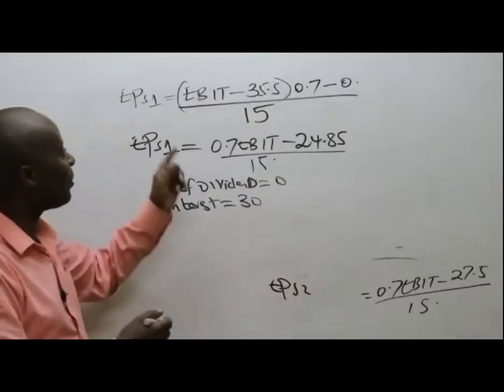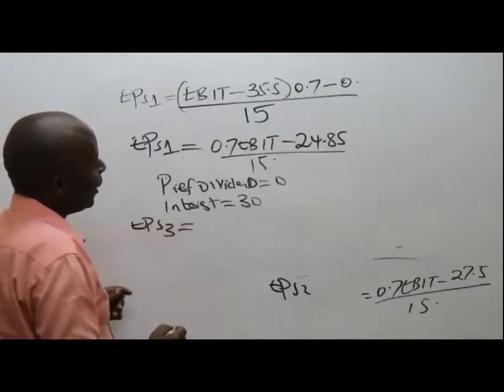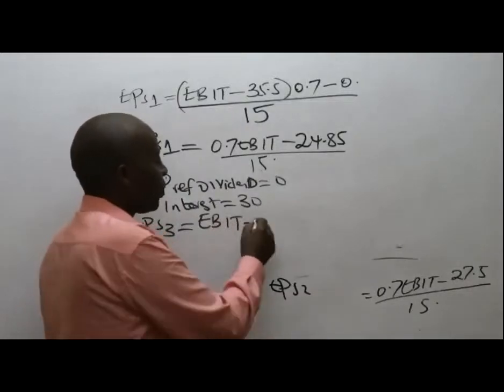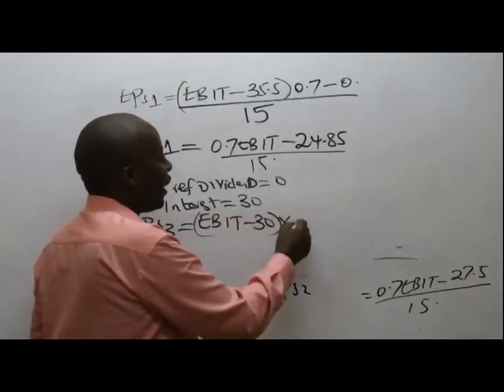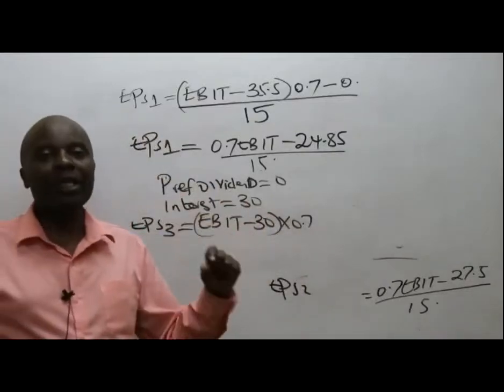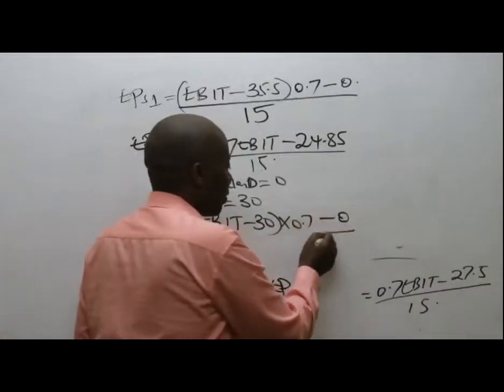So please substitute in the equation. Give us EPS 3. EPS 3 will be equal to EBIT minus interest, which is 30, multiplied by 0.7 because our tax is 30%. So 1 minus 30% is 0.7. Preference dividend, nothing like that, so 0.